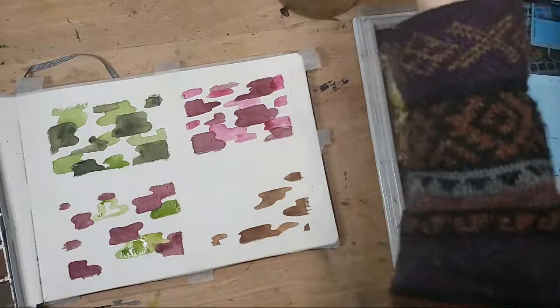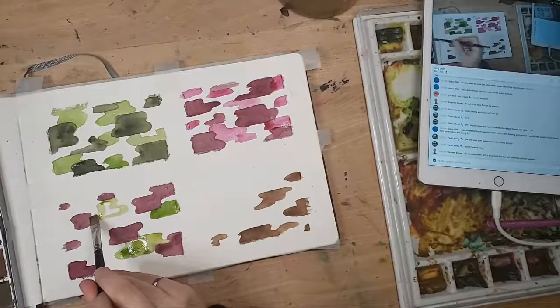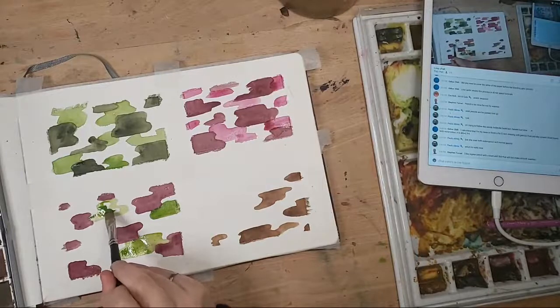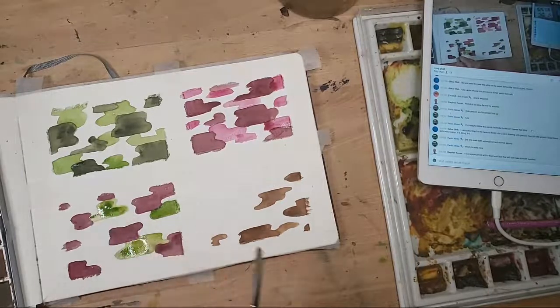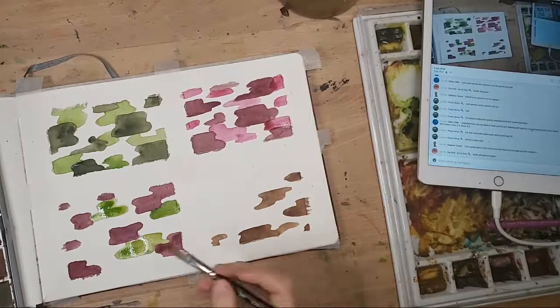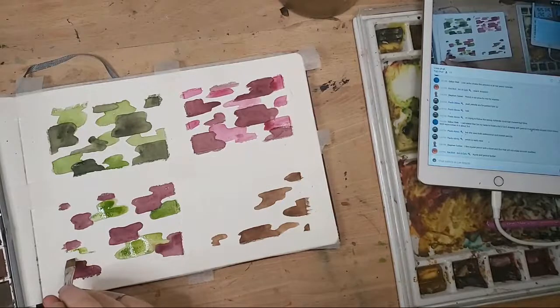All right, Evs, what's your snack? Should I be jealous? Apples and peanut butter. Apples and peanut butter are delicious. Maybe I'll have some of that later.